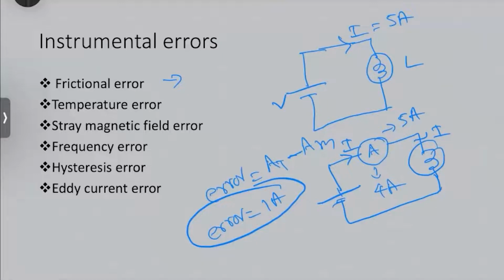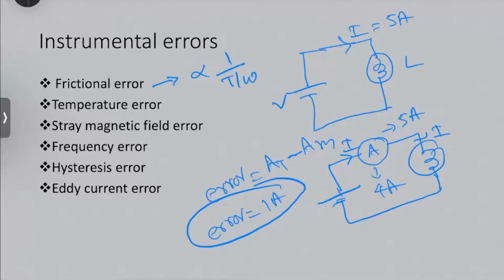Because of this friction, some amount of energy is going to be wasted. This frictional error is directly proportional to the torque to weight ratio. That means, not directly proportional. We'll say like this: frictional error is inversely proportional to the torque to weight ratio. Okay, inversely proportional to the torque to weight ratio.